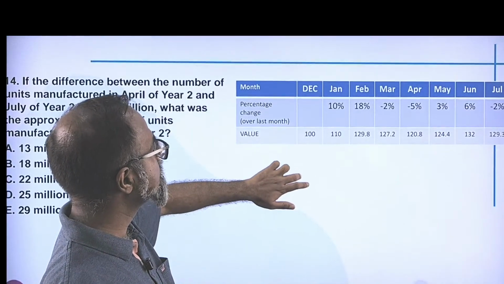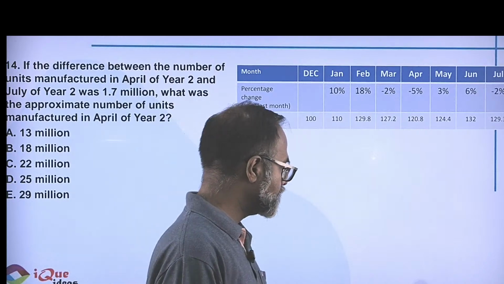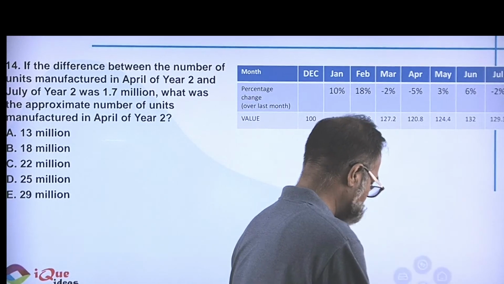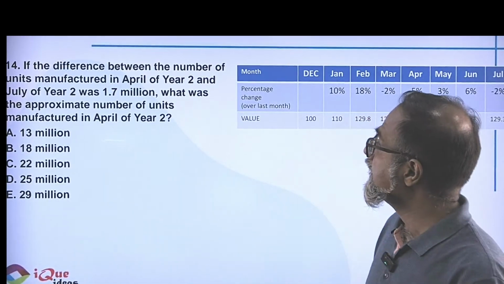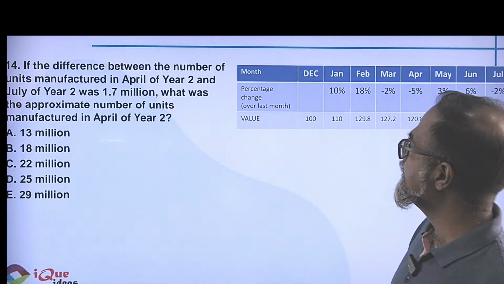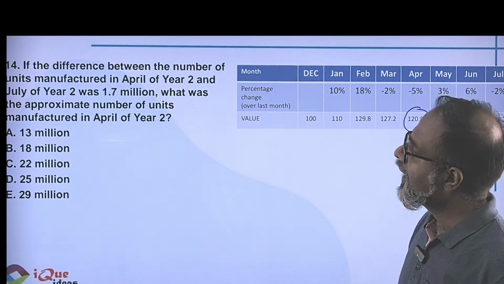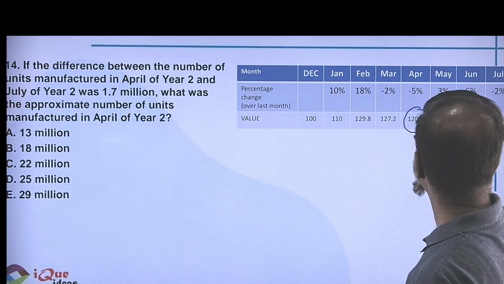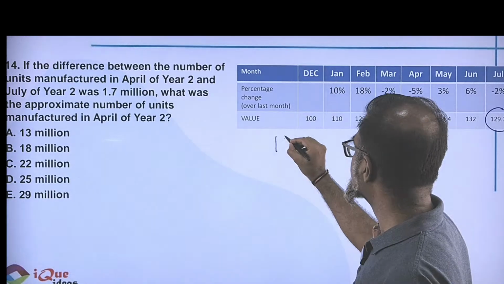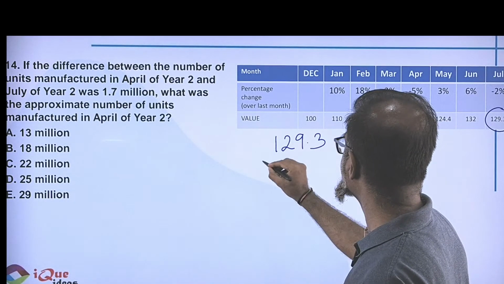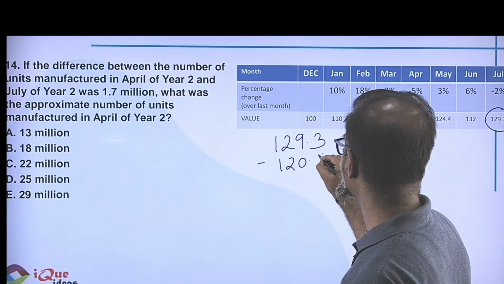Now this question says, if the difference between the number of units manufactured in April of year 2, 120.8, and July of year 2, 129.3. So difference, so 129.3 minus 120.8.